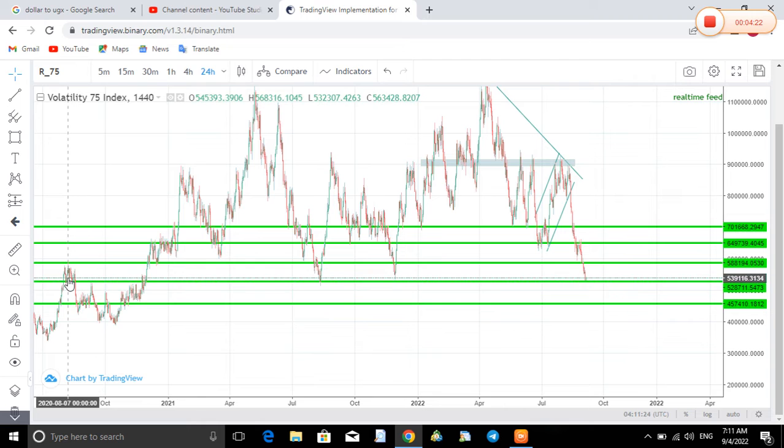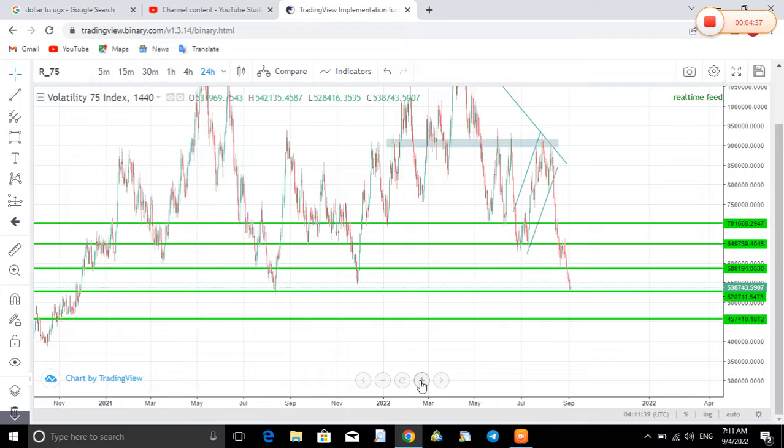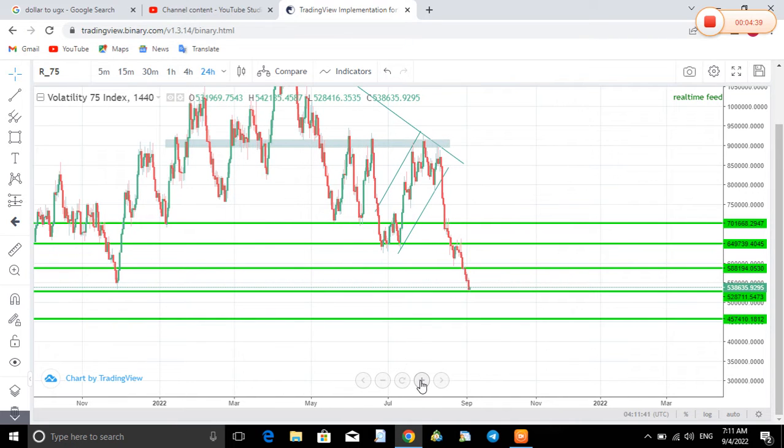It acted as resistance, then support, and now it has come back to act as support another time. So what does this mean? Whenever we see the market approaching this particular level, we see that the market doesn't break out of this level to continue dropping.